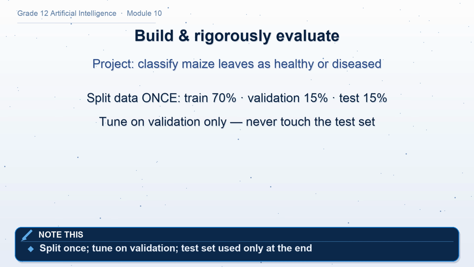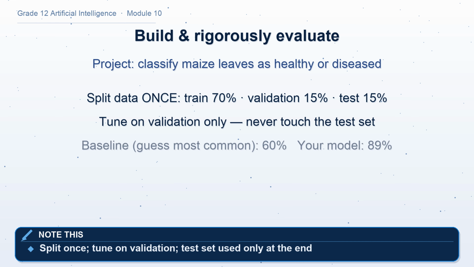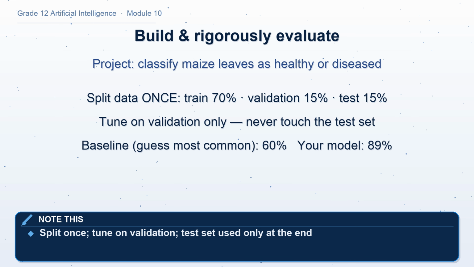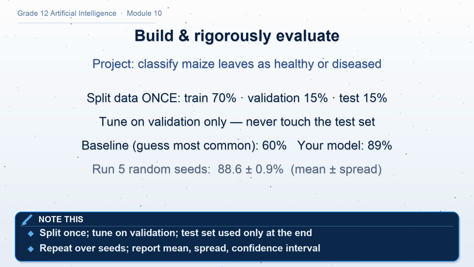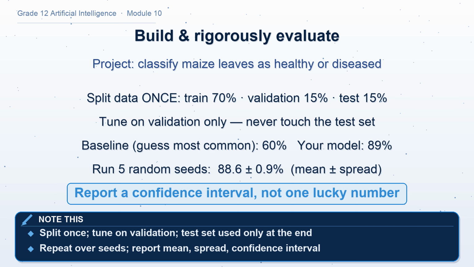Compare against a baseline: always guessing the most common class scores 60% while your model reaches 89. But one run is not evidence. Repeat the experiment over several random seeds and report the average with its spread. Report a confidence interval, a range the true value likely sits in rather than a single lucky number. Now you have a result worth analyzing.